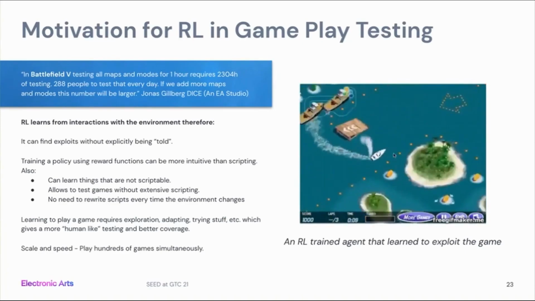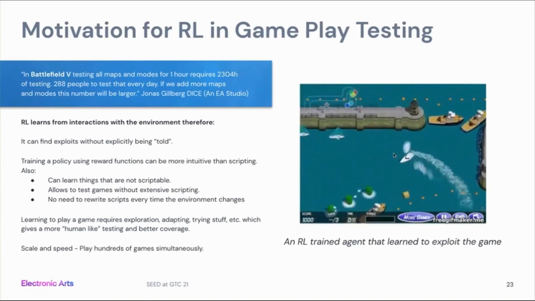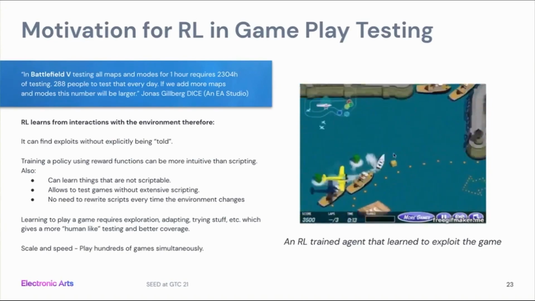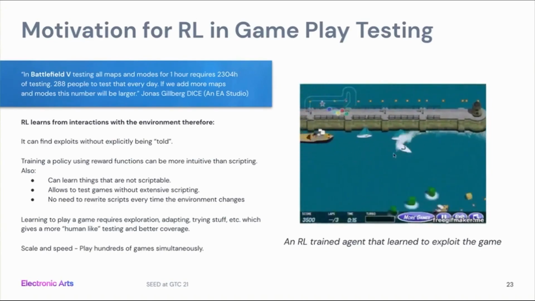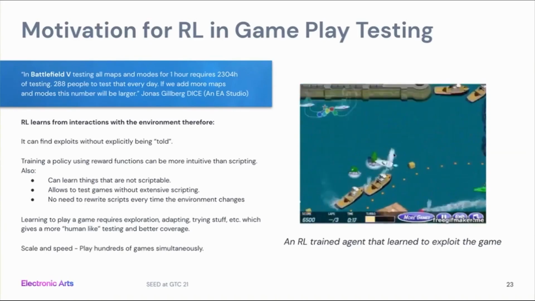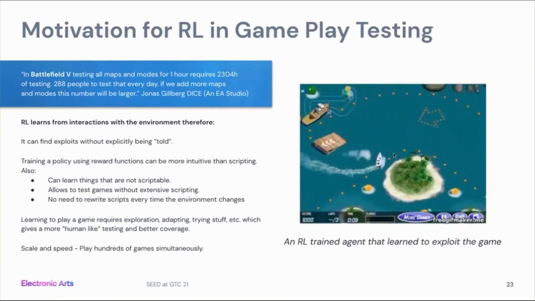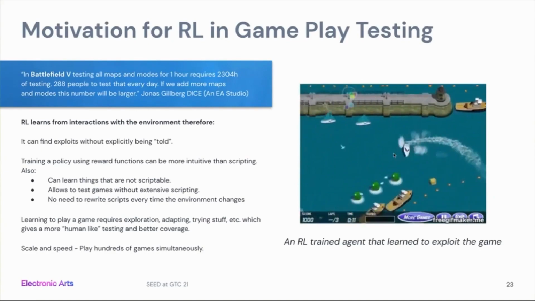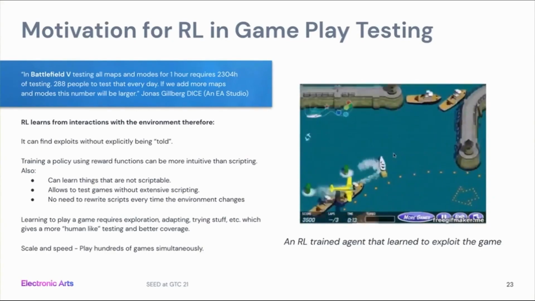That's very nicely visualized here to the right. It's an experiment from OpenAI where they took an old Amiga or Atari game, I forgot which one, called Coast Guard, and they used RL to play this.